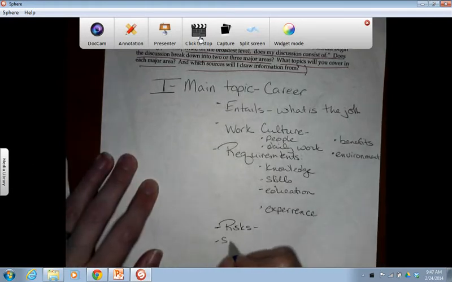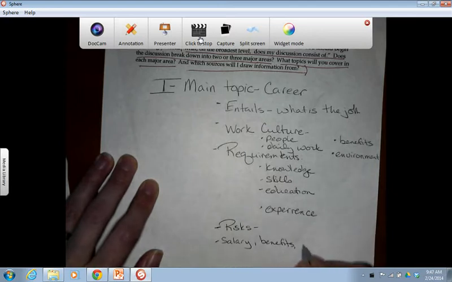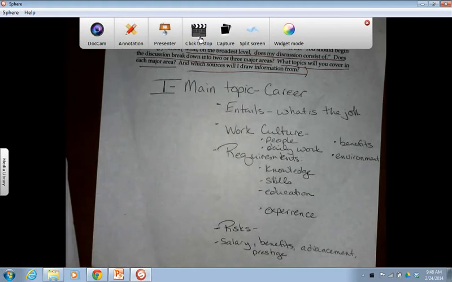Salary. I'm going to say benefits, advancement, prestige. Maybe some people look for that in a job.